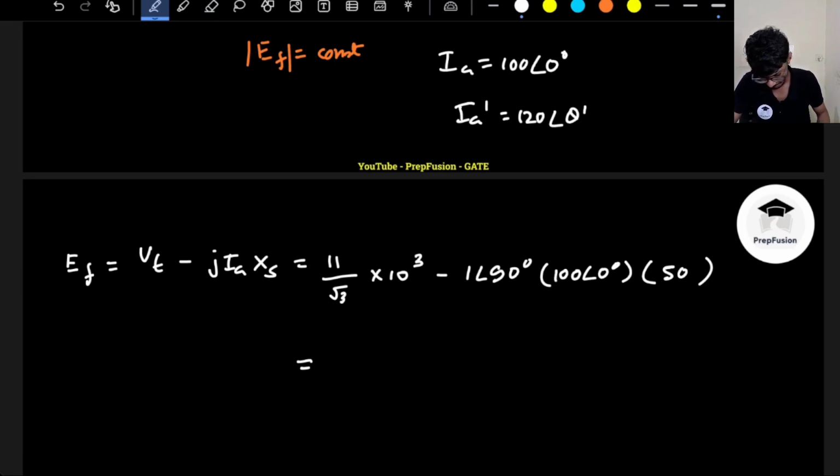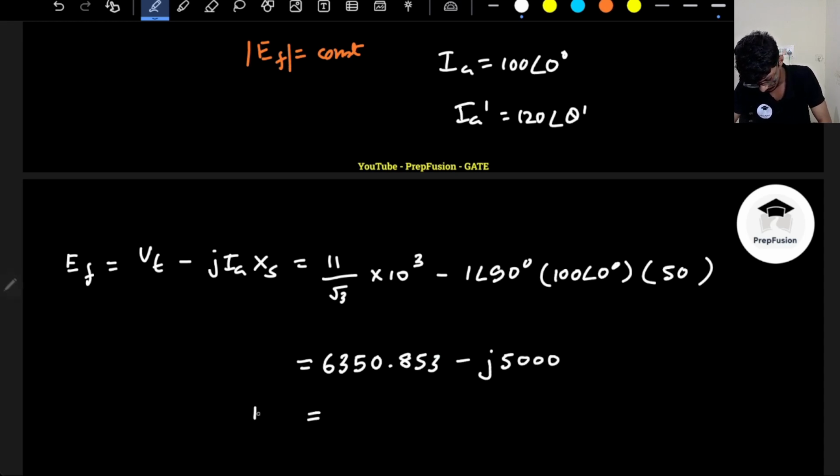If I calculate this value, 11 divided by root 3 into 10 cube is 6350.853, minus j 50 into 100, that is j 5000.